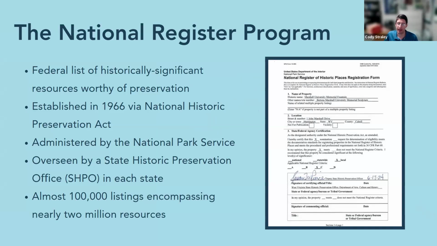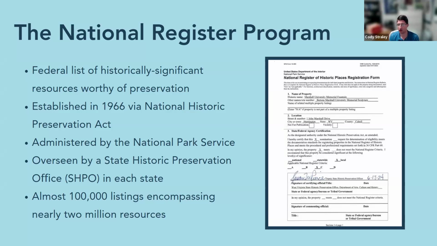I'm just going to go over very briefly the National Register program for people who might not be as familiar with it. The National Register of Historic Places is a federal list of properties around the United States that have been deemed worthy of preservation. And the program dates back to the 1966 National Historic Preservation Act, which is the foundation for most historic preservation programs today.